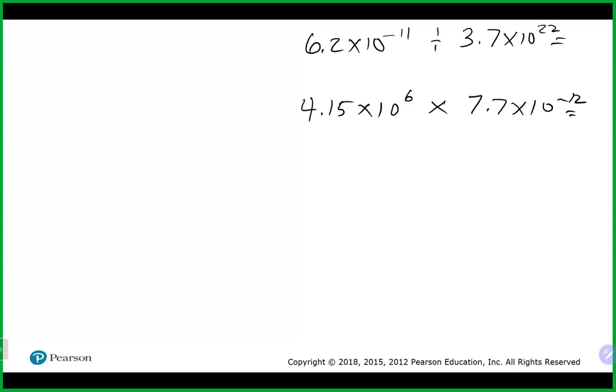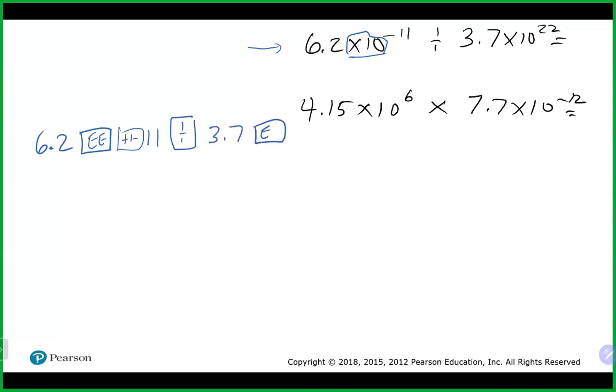And again, if we're going to punch the first one in here, this is what you should really punch in. You should go with 6.2. You then should hit your exponent button, which once again will take care of this part of the number. It is a negative exponent here, so a negative button and an 11. Then you hit your divide button and punch the other number in the same way, 3.7.